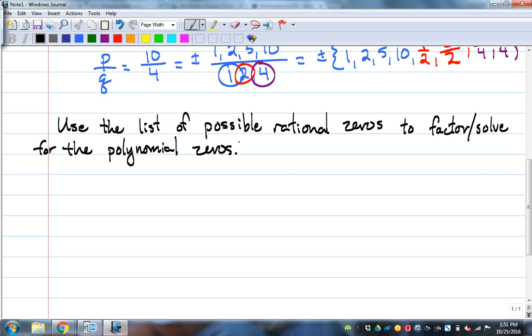Okay, so we're going to find all of the zeros. So if it starts with an x to the third power, we should find how many? 3. If it starts with x to the fourth power, we're going to find 4. That sort of thing. That's what we're doing here.